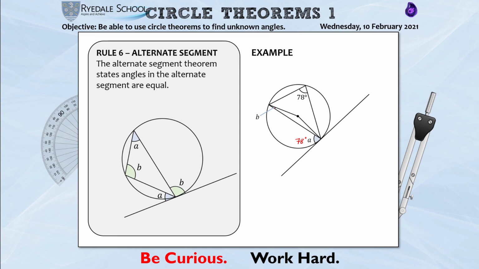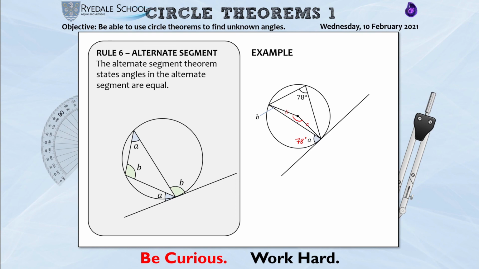How are you going to work out angle B? Well, we're going to use a combination of some of our previous rules. We have two radii, so that little triangle must be isosceles. A couple of different ways that I could approach this question. I could work out this angle here by using rule number 1, and this would be double 78.